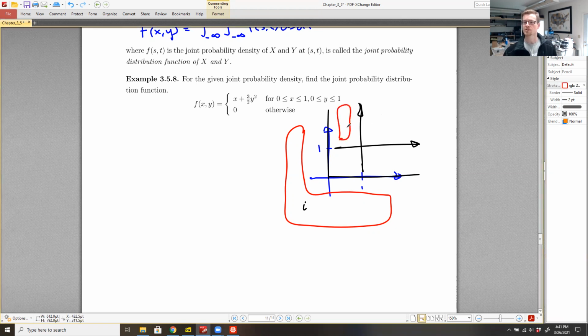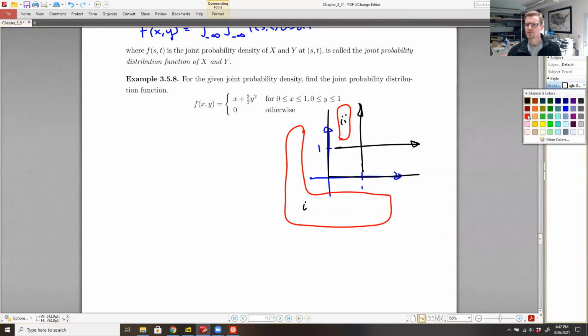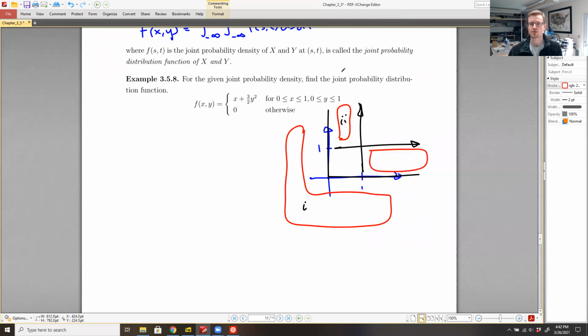Now, when I look at points that are below, I do get some non-zero values. So I could call this region 2. We'll handle this a little bit differently. And then the next region that we could end up in that's similar to region 2 is this region, which of course goes on forever upwards here, and this one goes on forever to the right. This region we could call region 3.